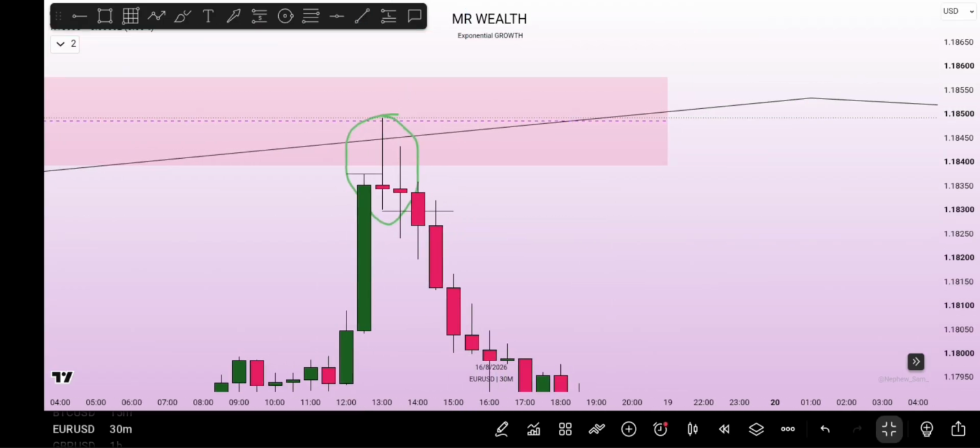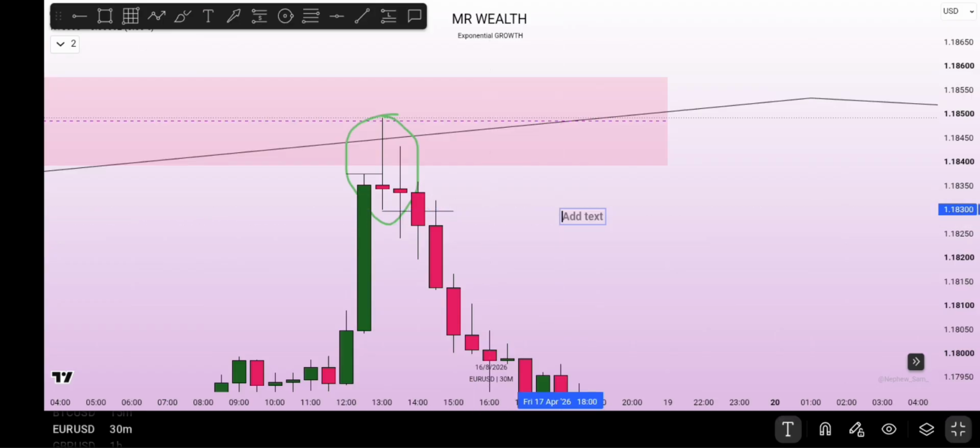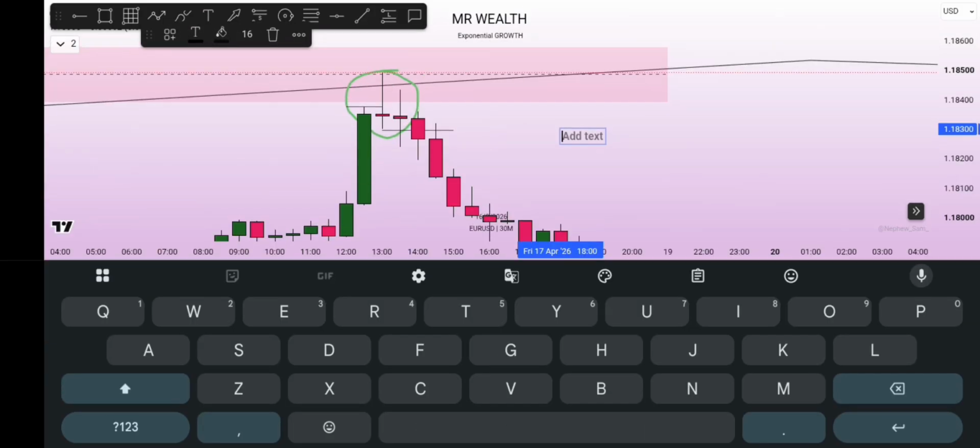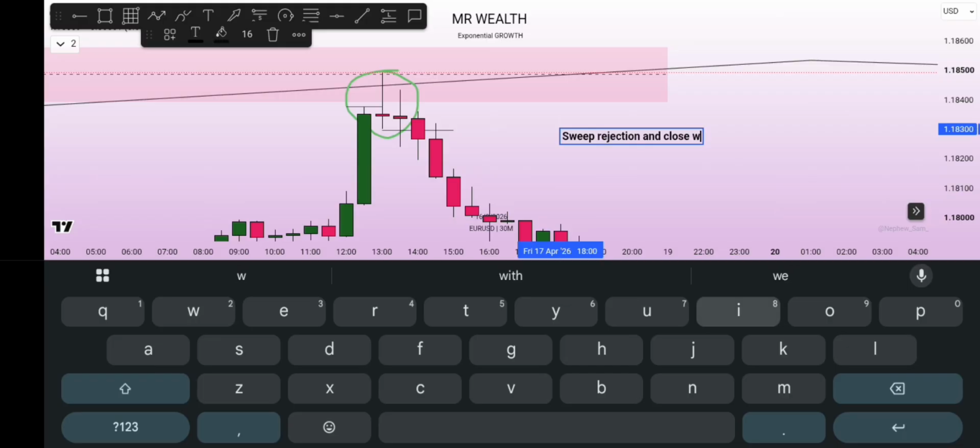We had sweep, rejection, and closing with a body.